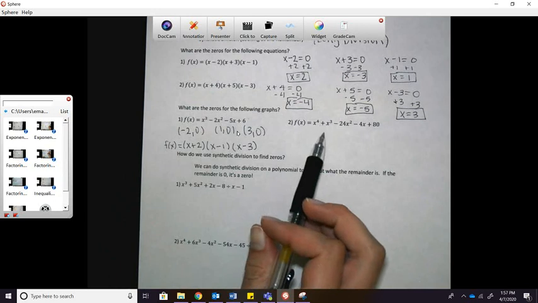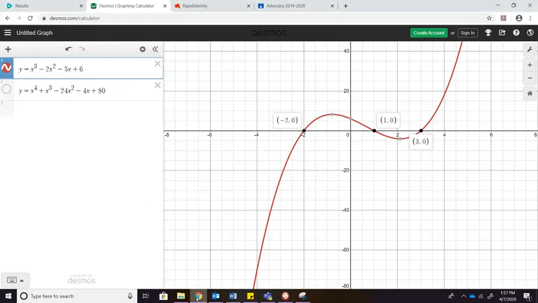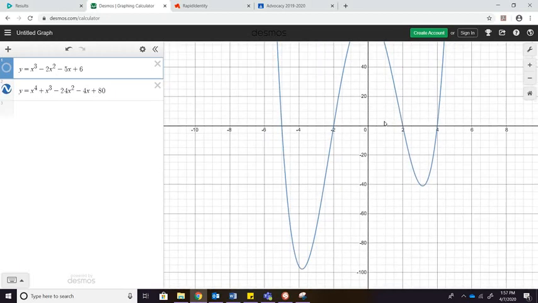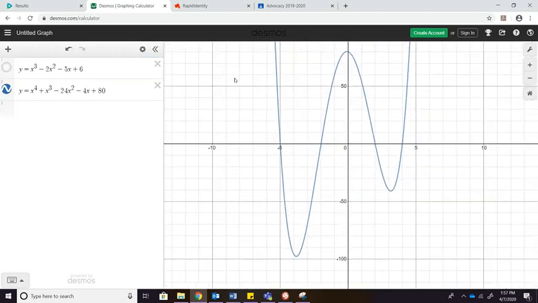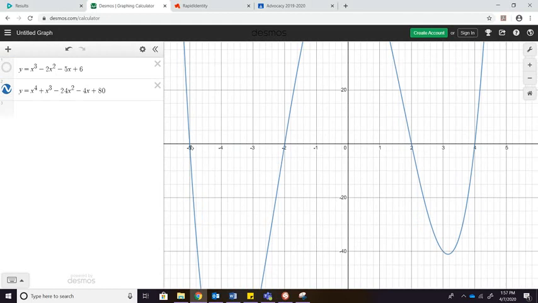This is something that is just too large for us to factor. We don't know how to factor something with 5 terms. So I'm going to go ahead and graph it again on Desmos. I'm going to click off of this and turn this one on. If I zoom out a little bit, I can see that I have a polynomial here, and we see that it hits the x-axis 4 different times. So I'm going to zoom in a little bit and make sure I can see those clearly.